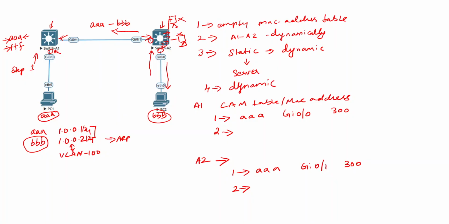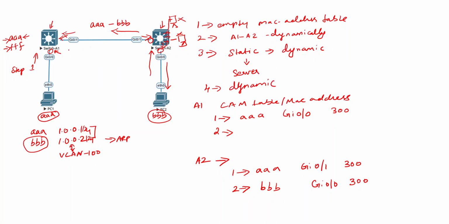Before forwarding it, it will check the source MAC address and see whether the entry is available in the MAC address table. If it doesn't have the entry, it will create an entry with Gig 0/0 and the aging timer. Okay, and then it forwards to switch A1.